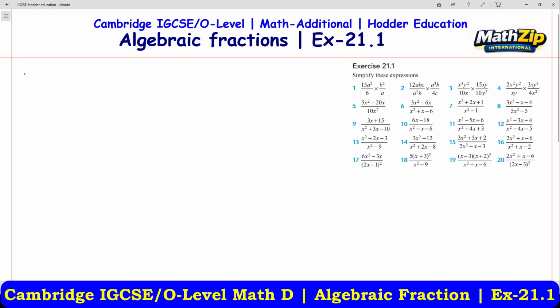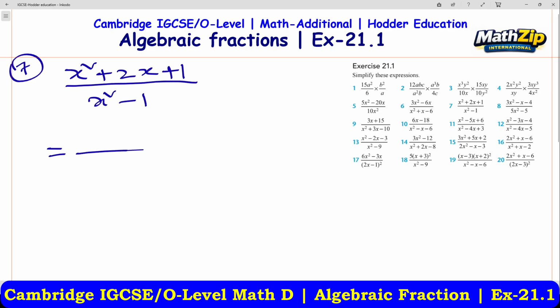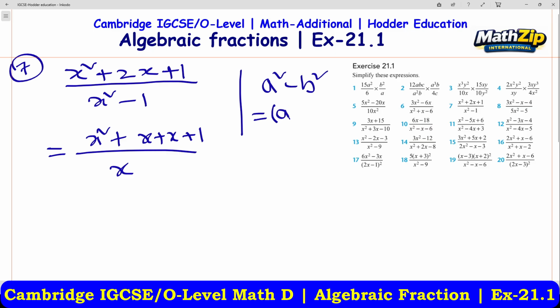Number 7, here is x² + 2x + 1 ÷ x² − 1. So this one we can write x² + x + x + 1, and here we can write x² − 1 is looking a² − b². It means (a + b) times (a − b).